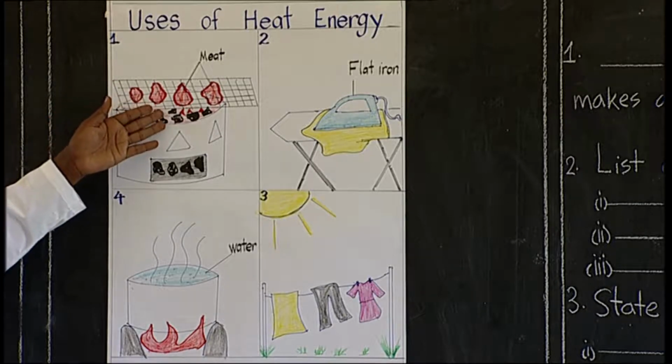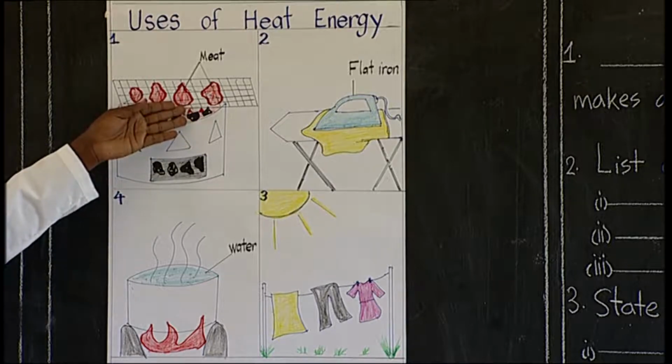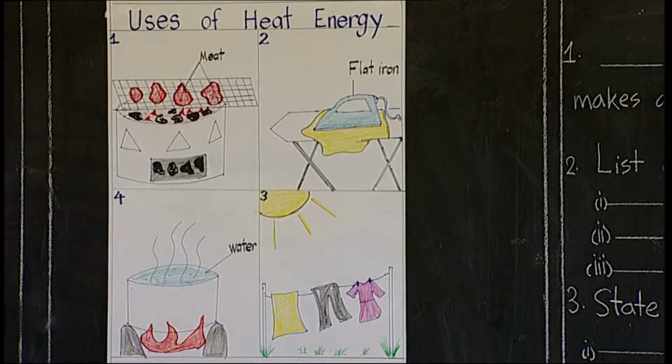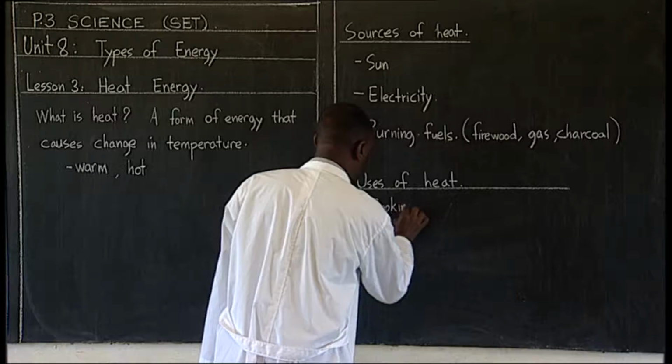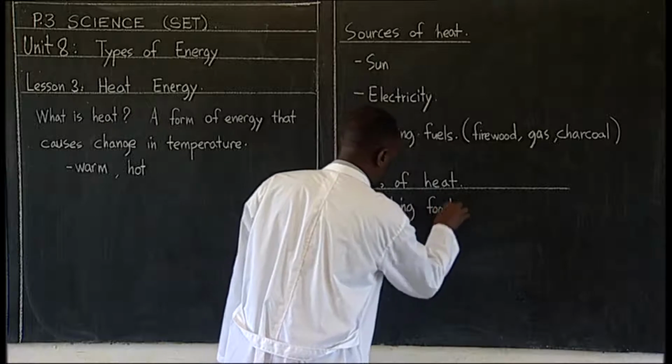Here we are cooking food by roasting it. Okay? So we can simply say that one use of heat is cooking food. We use heat to cook food. Good.